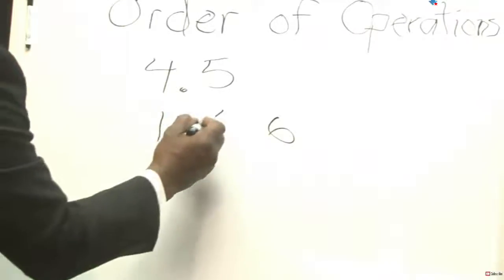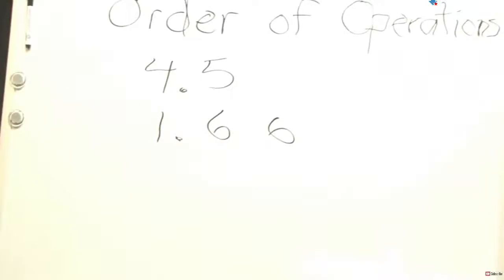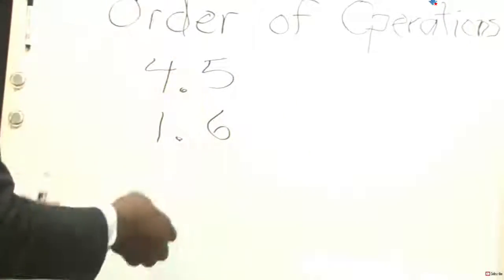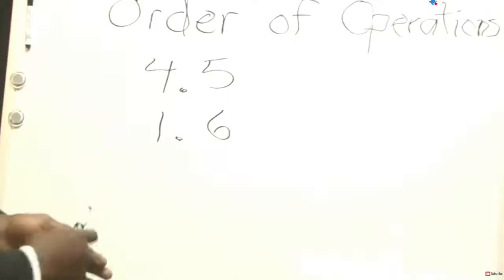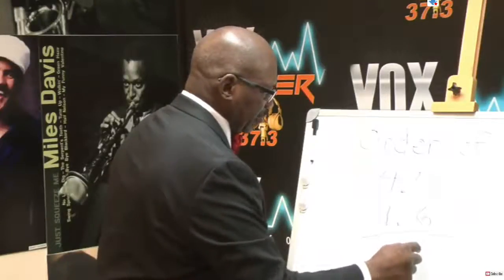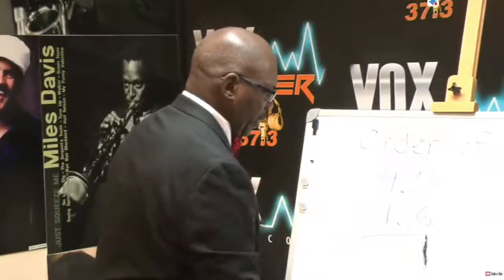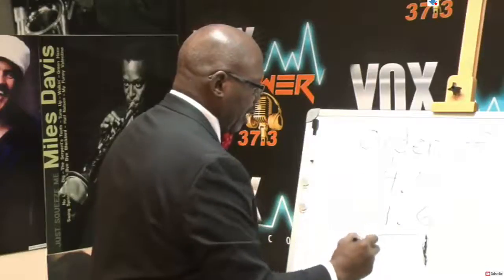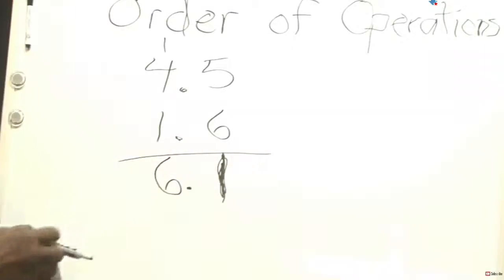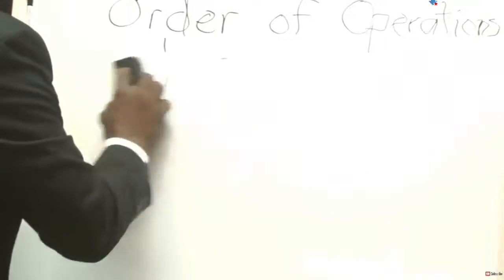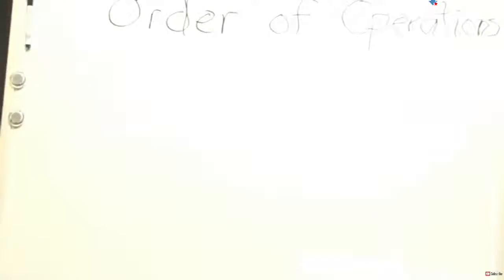Okay, we want to put it right underneath the 5 tenths so that we keep everything in order. So, if we add this, that's 11 tenths. We put 1 here, carry our 1, and then we have 1, 4 is 5, and 6, and 1 tenth. Now, we've done a little adding there, but now we got to talk about this order of operations.